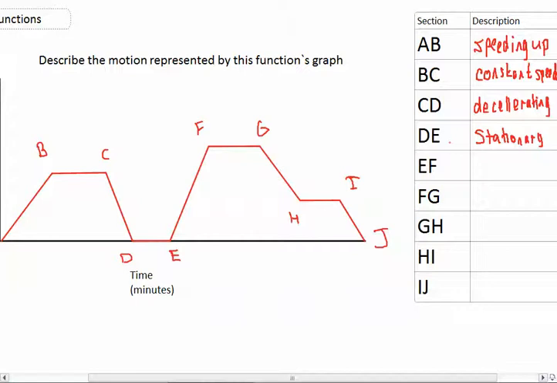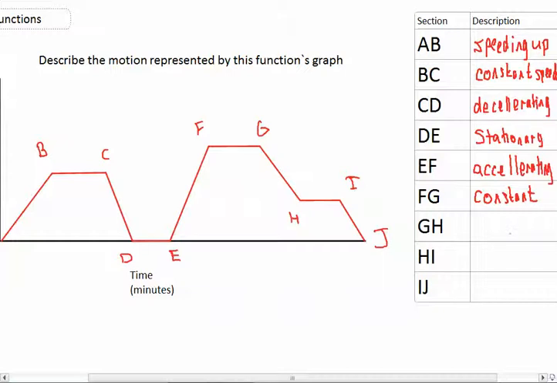Okay, what happens between E and F? Speeding up. Let's use that science term, accelerating. Okay. Between F and G, Josh, what's happening between F and G? It's constant speed. Okay.